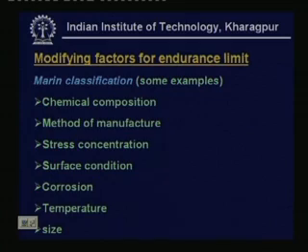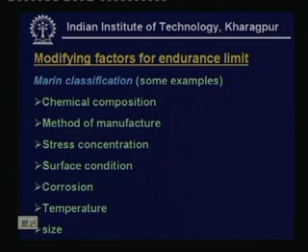Now, some examples given over here are that these modifying factors for the endurance limit depend upon the chemical composition of the material, method of manufacture, stress concentration that is coming into the picture, although we have talked about stress concentrations, the surface conditions, the corrosion, the temperature and the size.